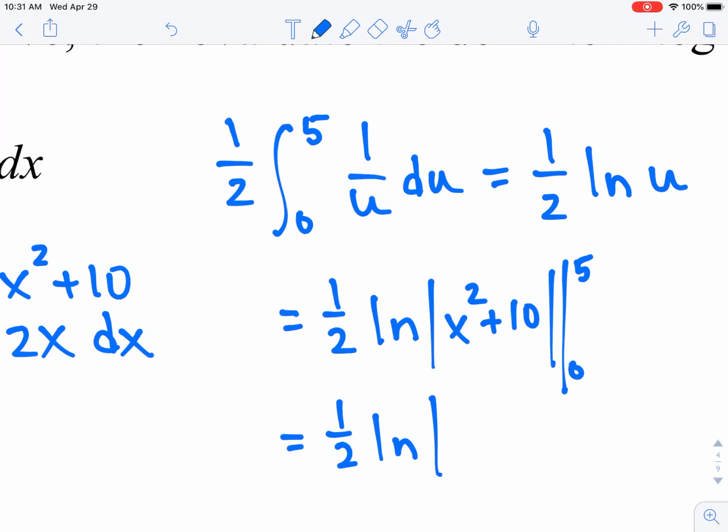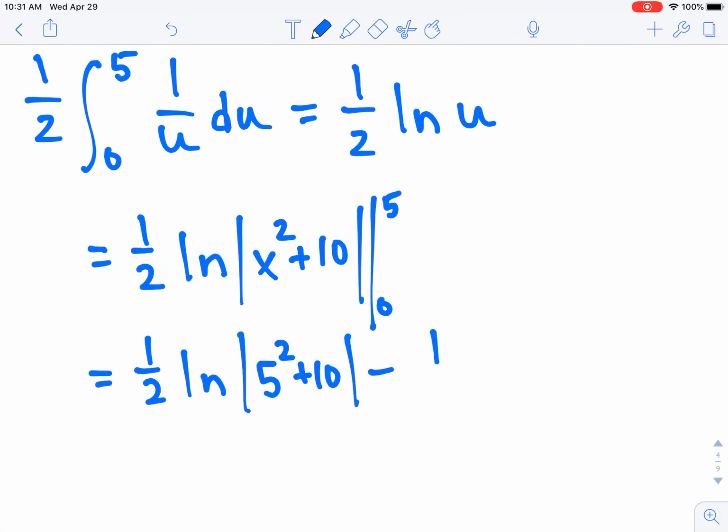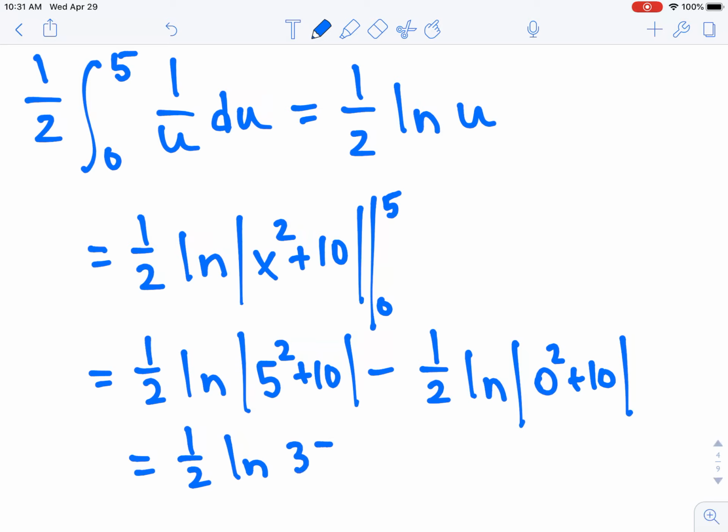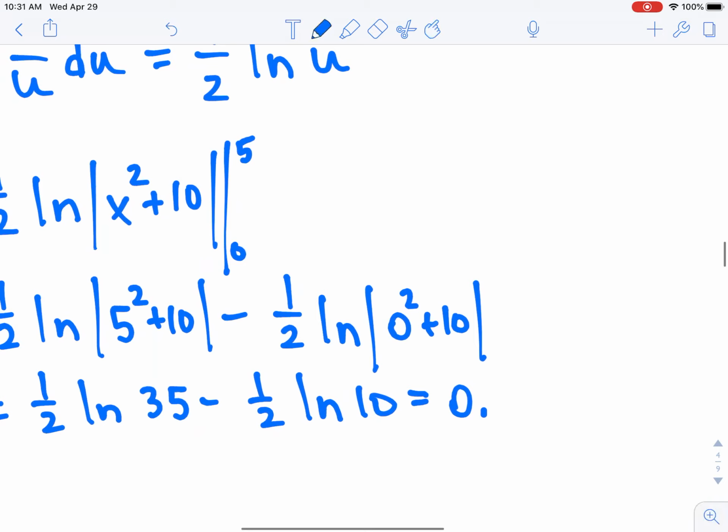Substituting in, so you get 1/2 natural log of 35 minus 1/2 natural log of 10, and that equals 0.626.